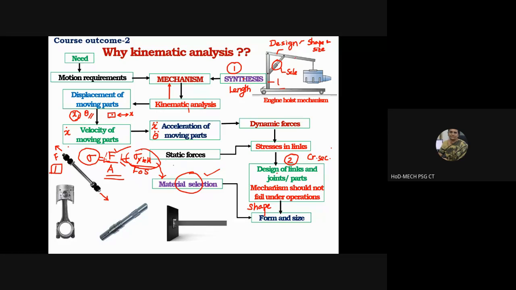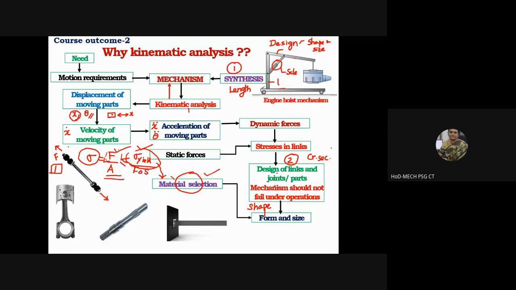If you select a strong material whose strength is high, then you will have a compact arrangement, small cross-sectional area. If you select a material with poor yield strength, then you will have a very bulky arrangement. When you select a material with high strength, the cost will be more, and there could be other problems like low toughness. So you have to judiciously select a material. Once I select a material, I know its yield strength, being a standard material.